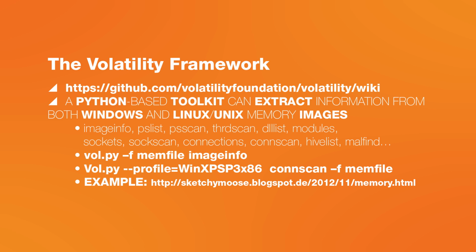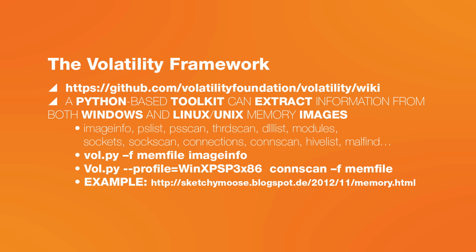Let's closely look at Volatility Framework to understand how memory analysis tools extract processes and other information. Volatility Framework requires an acquired memory image as an input. To start a memory analysis using Volatility, you should run the Volatility plugin imageinfo first to identify the operating system, service pack, hardware architecture, and the address of the kernel debug structure from the given memory.